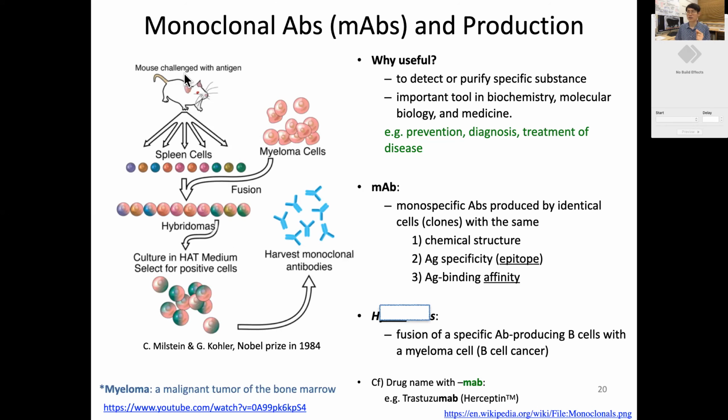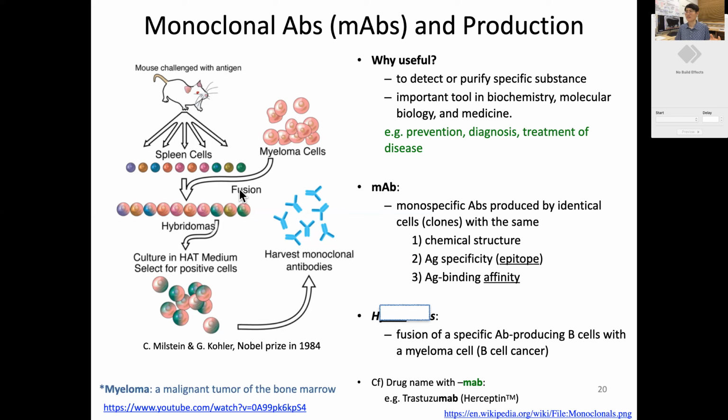So the mouse will be challenged with an antigen. It can be a pathogen, and then the spleen contains a lot of B cells, but the B cells are hard to culture for a long time. So his idea is, hey, how about making a B cell cancer called myeloma cells? The cancer cells will proliferate indefinitely.